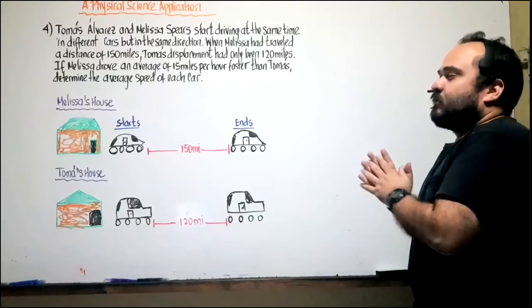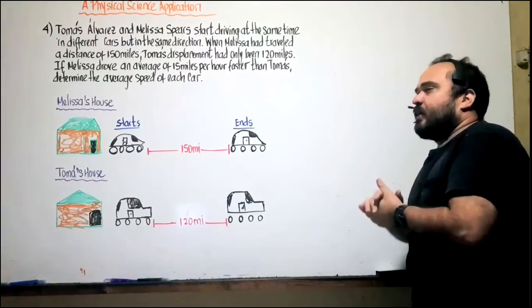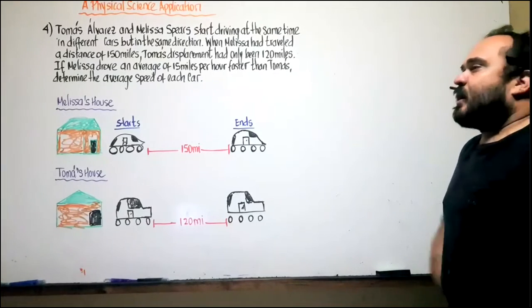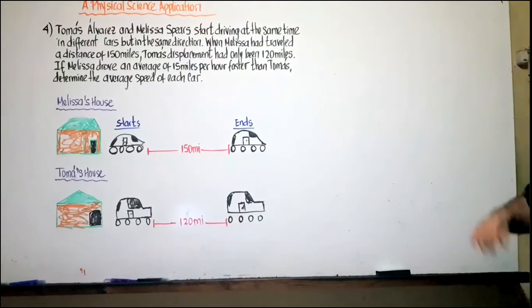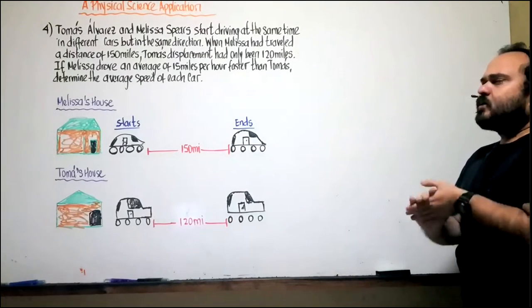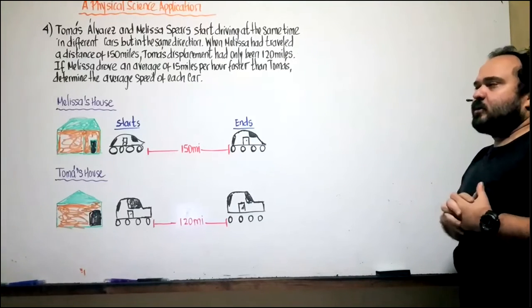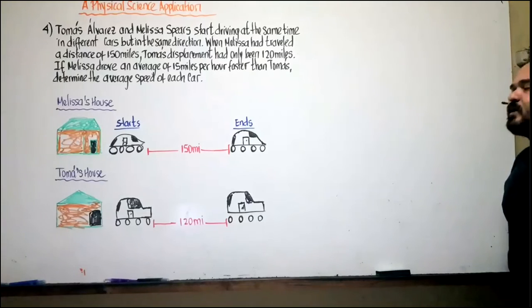You're going to learn this subject in more detail next year in the physics class, where we'll give a more difficult analysis for any situation. But here, we're talking about a physical science application because this is simply a system of linear equations solved in one single state.